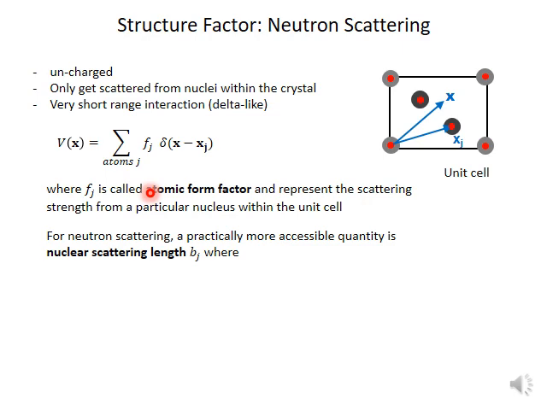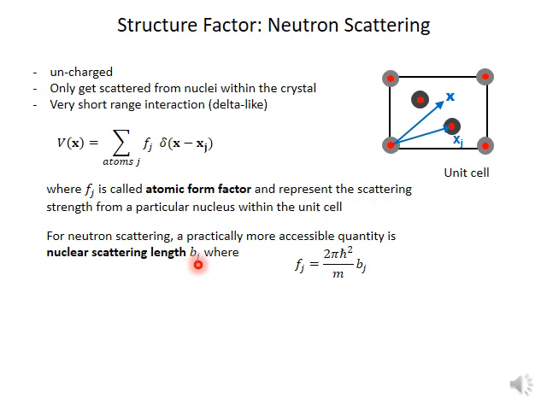To find this atomic form factor, normally what's done is nuclei are separated and a neutron is incident on it, and the scattering of neutrons from the nucleus is measured, and it is normally measured in terms of another quantity which is called the nuclear scattering length, represented by b.